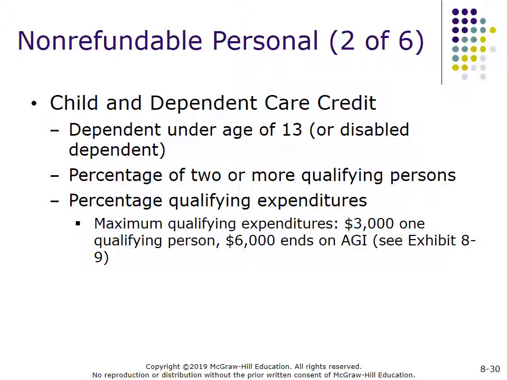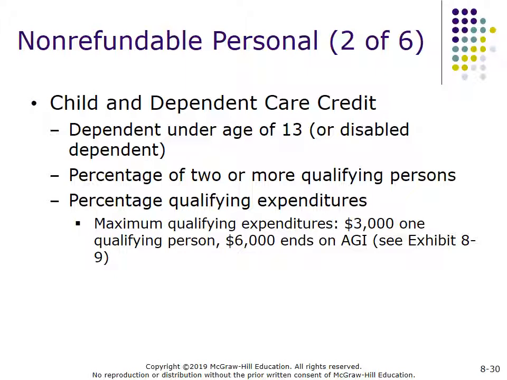The child and dependent care credit is different. This is for care. This is also a non-refundable credit. The people who are eligible to take this are people who have children under the age of 13 that they have to pay child care for.